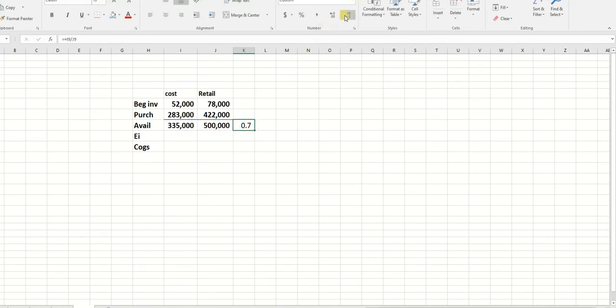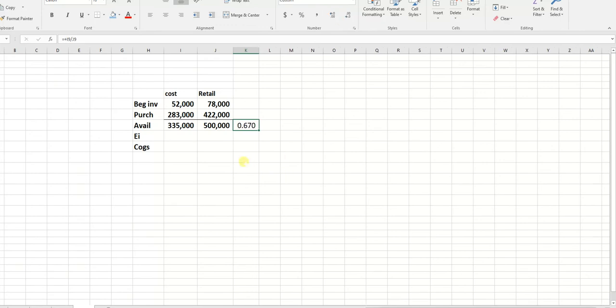Let me see if it's bigger than that. Yep. My cost is 67% of my retail. So now I go around and count. So if you think about it, my ending inventory that I am counting is I'm counting it at retail. I'm counting my ending inventory at retail.